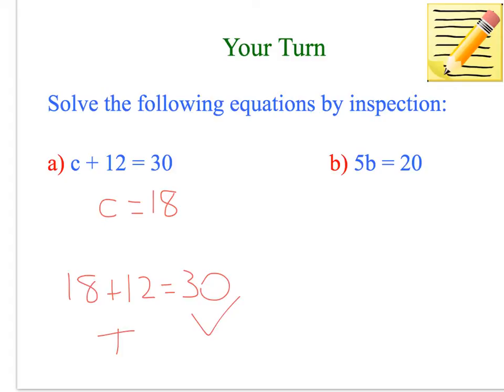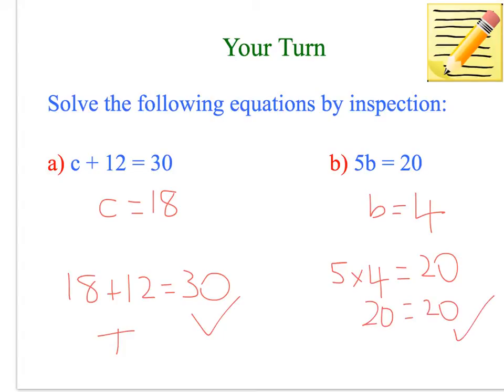We know that 5 4s are 20, therefore B equals 4. So 5 times 4 equals 20, so 20 equals 20. That's right. Well done if you got that one correct.